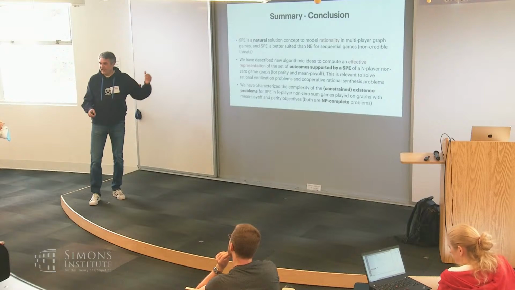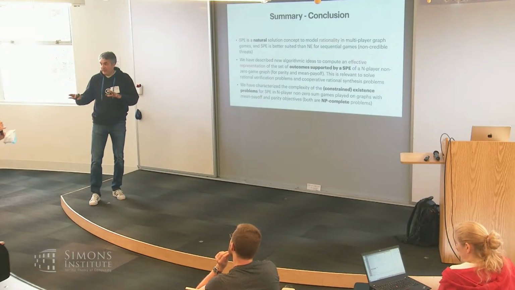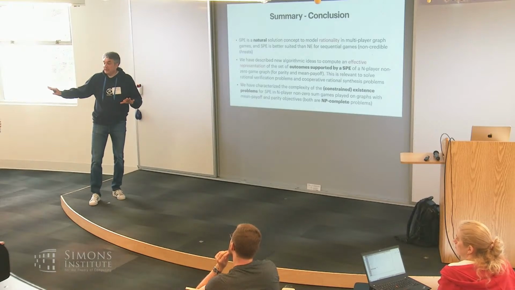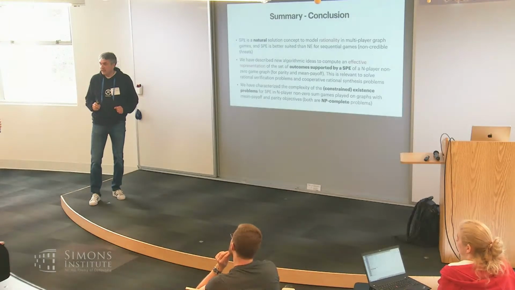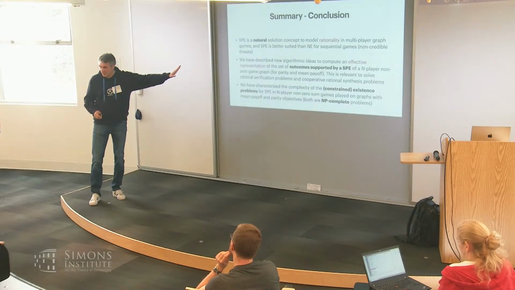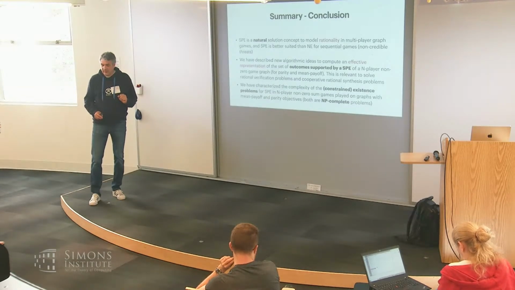I'm quite sure that this was done, by the way, by Ummels. I should maybe have mentioned that Ummels in 2007 has shown that by using alternating parity tree automata, you can recognize all the tuples of strategies that are supporting SPE.